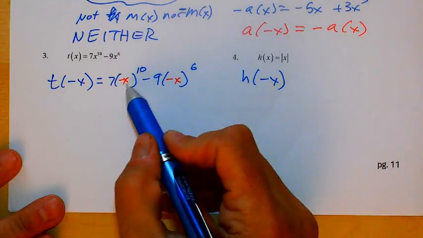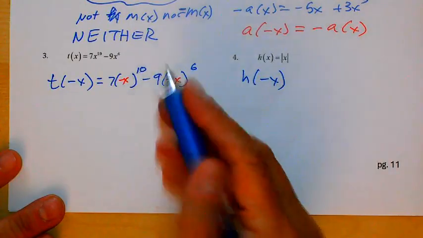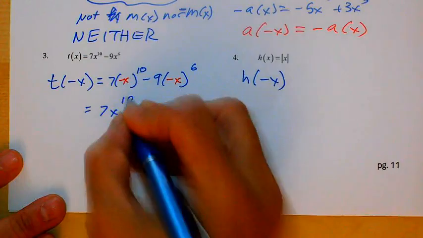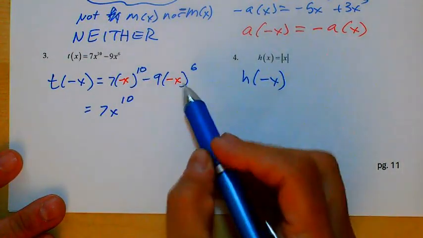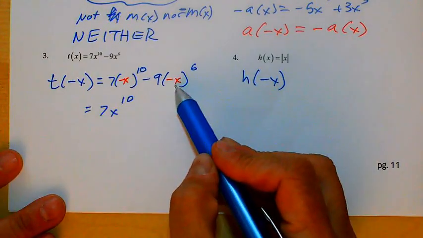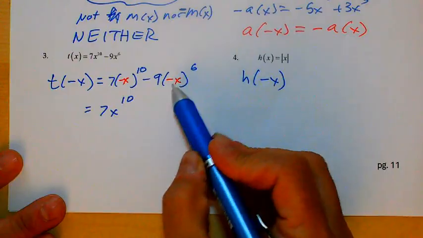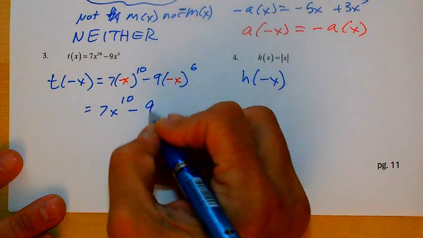When I multiply this negative thing with itself 10 times, it becomes positive. And multiply that by 7, we get 7x to the 10th. Same thing happens over here. We take the negative x, power it up 6 times. That becomes positive x to the 6th. And then times negative 9 is negative 9x to the 6th.